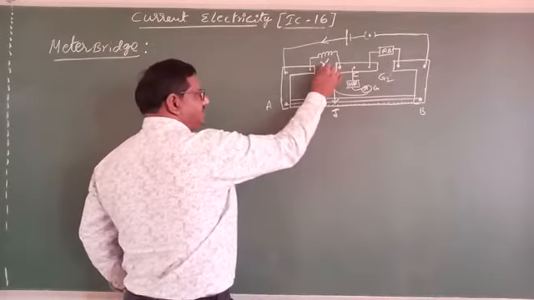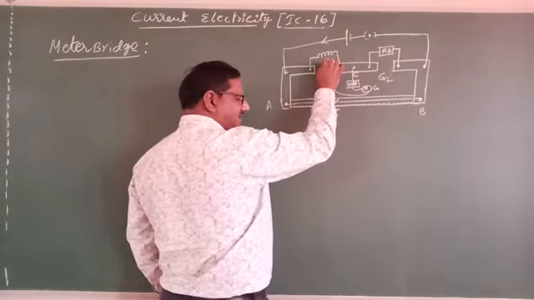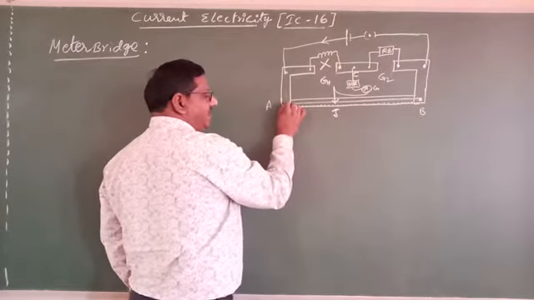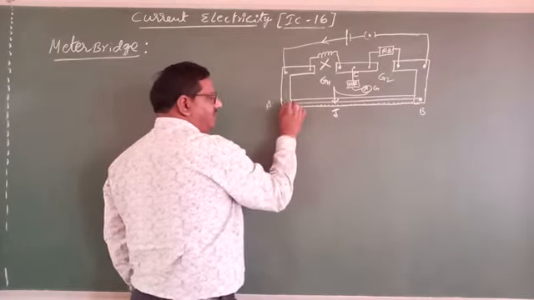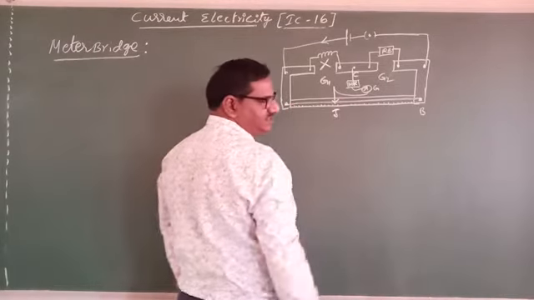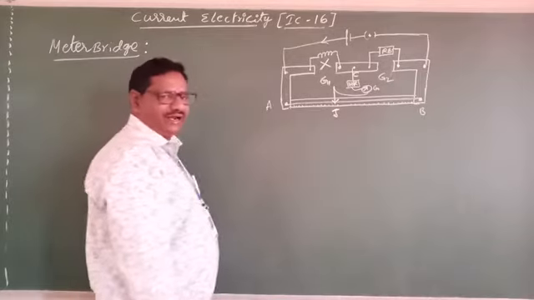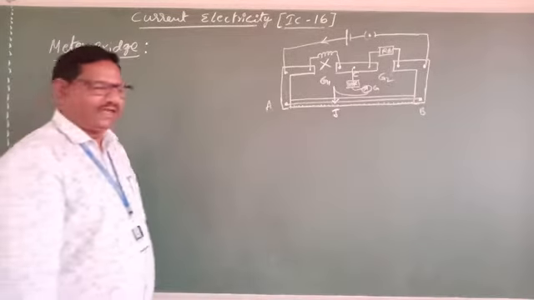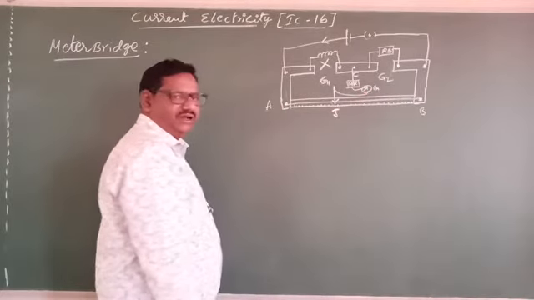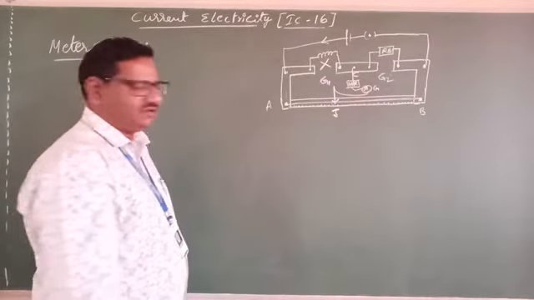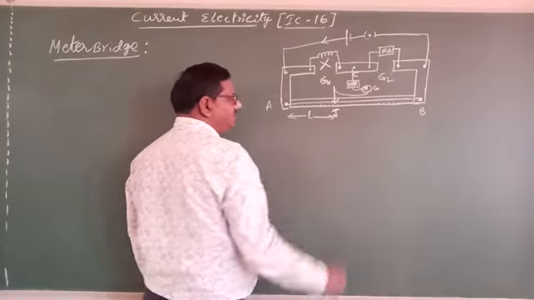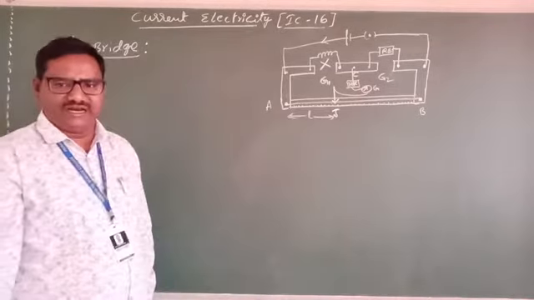From the side where the unknown resistance is connected, you place the jockey point-wise. If you touch at a particular length, the galvanometer shows 0 deflection. This length is called the balancing length.